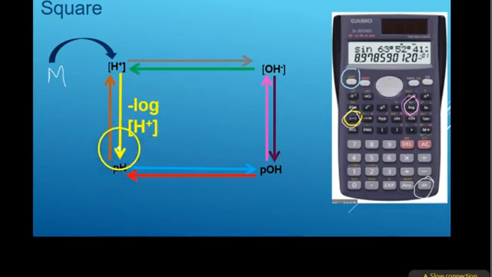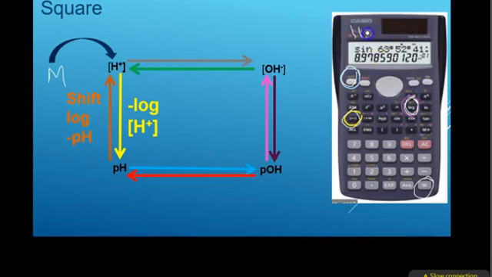If you want to go from pH then to pOH, or from pH up to the hydrogen ion concentration, if you're going up this orange line, you're going to take the shift log of your negative pH. So that means the shift and the log, that gets me to the 10 to the x.